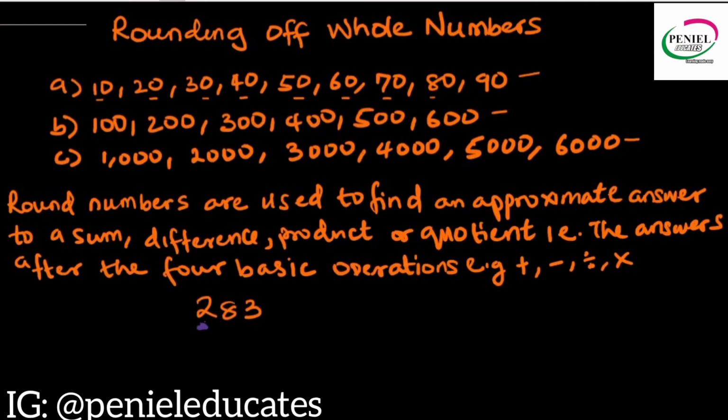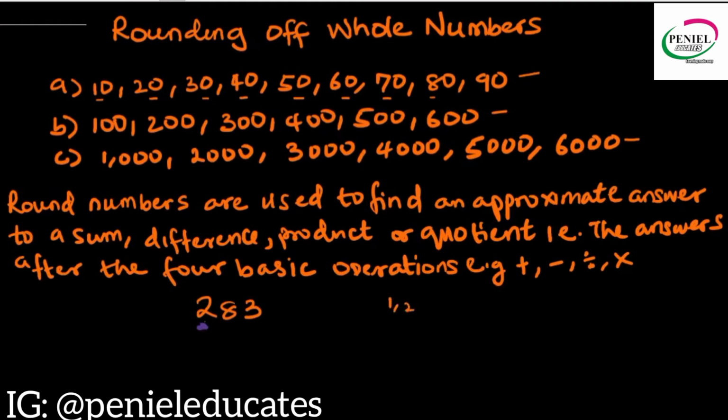Any number next to the hundreds place can be converted to 1, or otherwise you convert it to 0. If it's 4, then it's converted to 0. If it's between 1, 2, 3, and 4, you convert to 0.